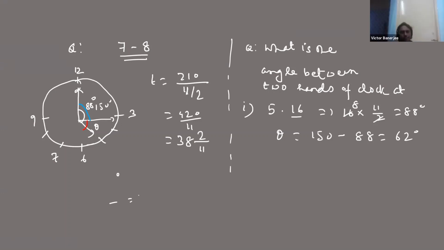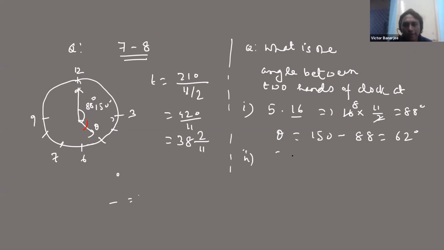Now look at the diagram, it will be clear. The distance covered in blue is less than the original distance, right? That is why we subtract the distance covered from the original distance: 150 minus 88. But sometimes the minute hand position might be on the other side, crossing past the hour hand. For example, 5:44.